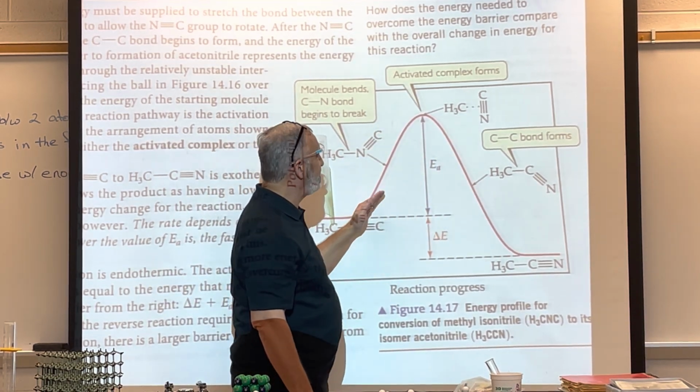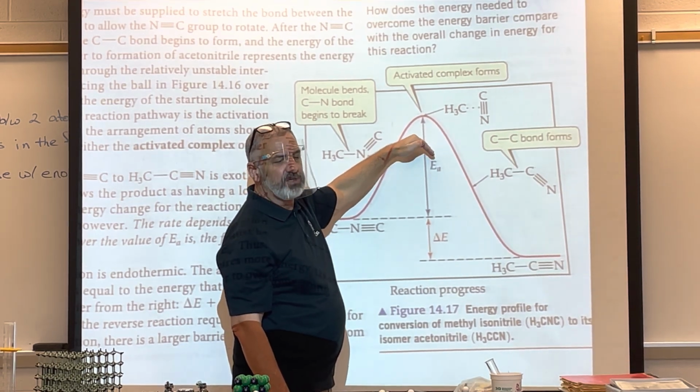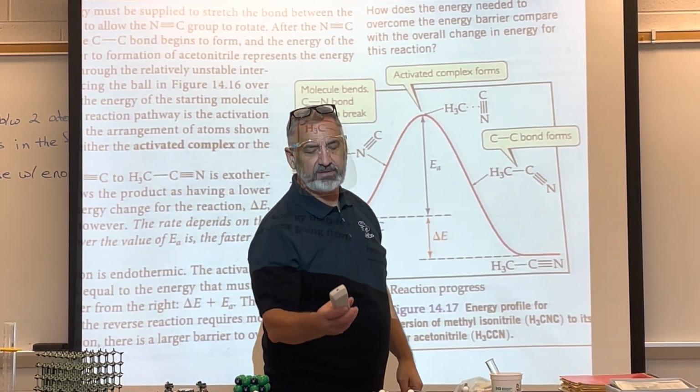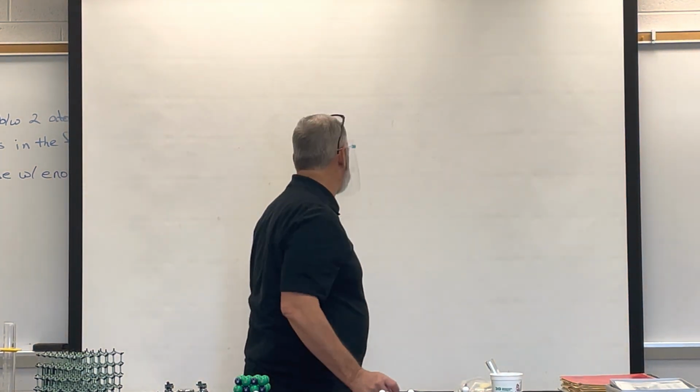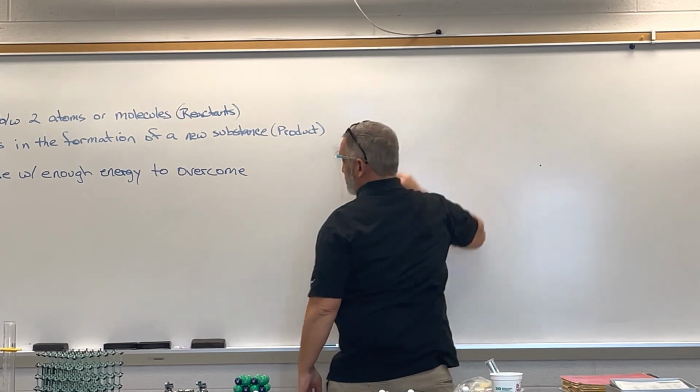We have to have enough energy to get up over that hill in order for the collision to be what we call effective. So that's the first criteria of an effective collision.